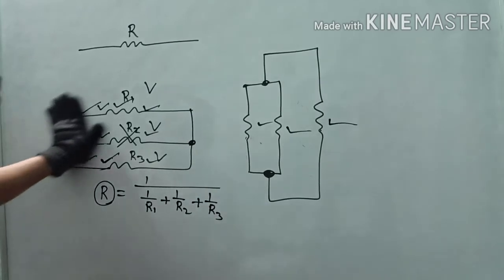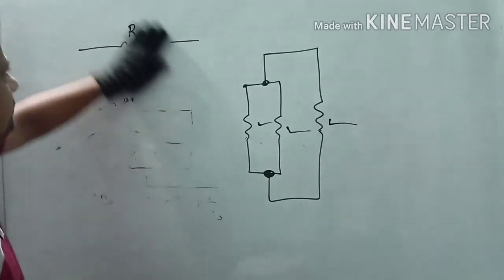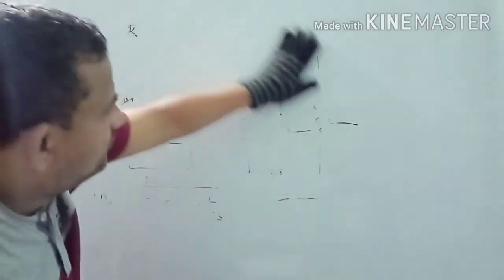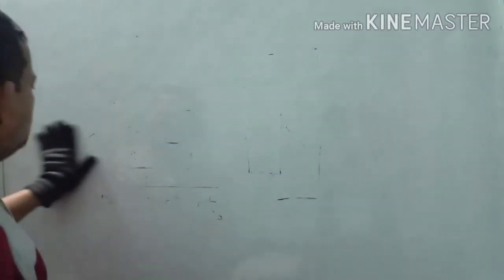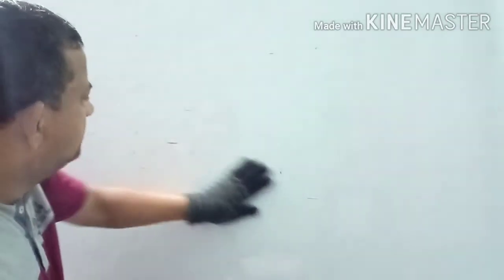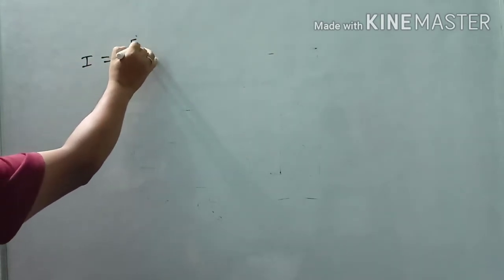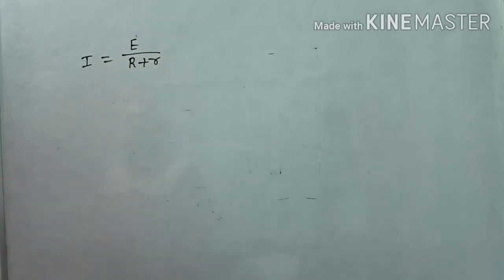We see other formula used. What is other formula? This is your next one: I is equal to E divided by R plus r.